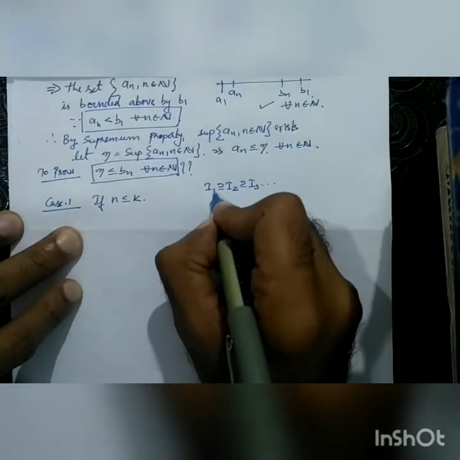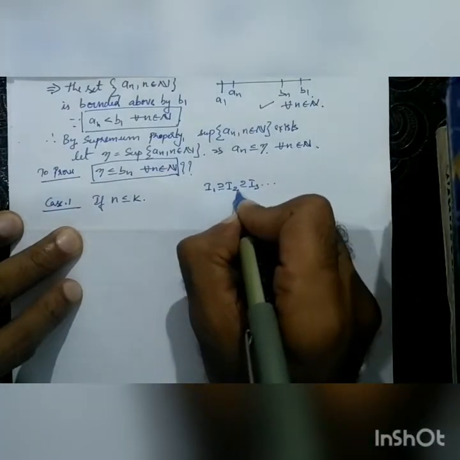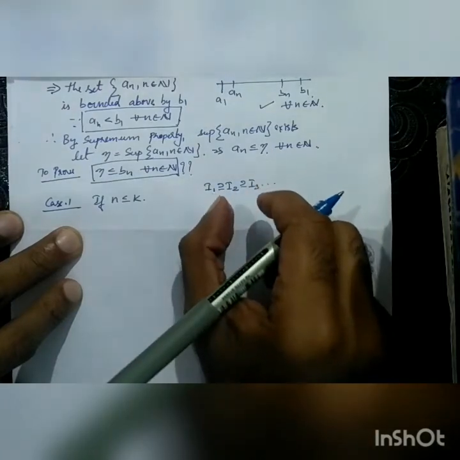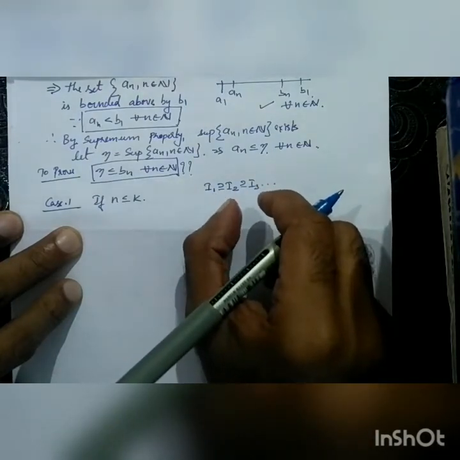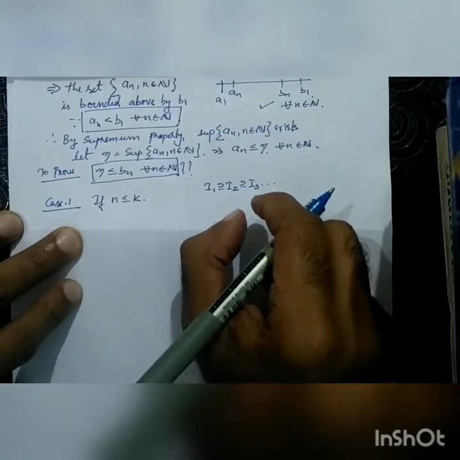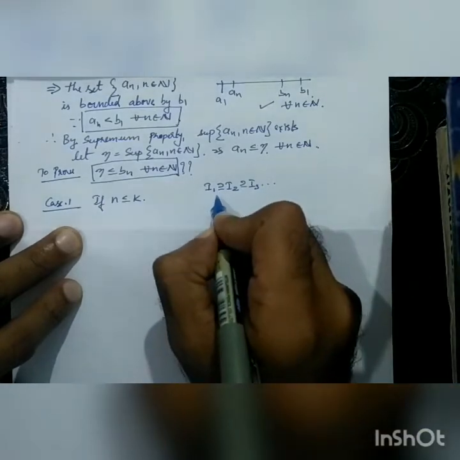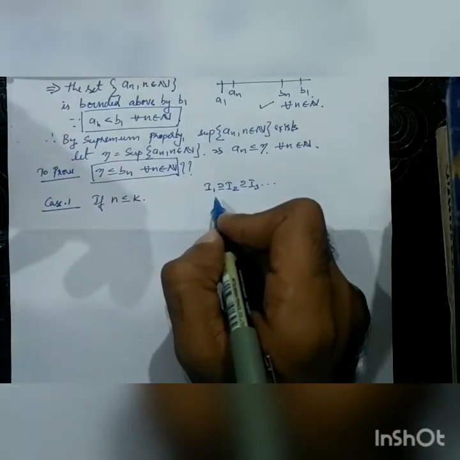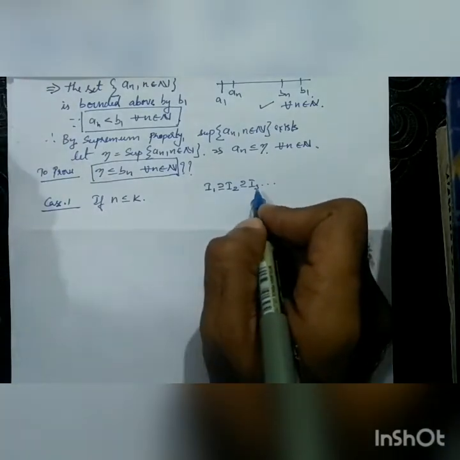As the suffix 1, 2, 3 increases, the size of the interval is actually decreasing, because I1 is the biggest one, I2 is much smaller than I1. And what about I3?